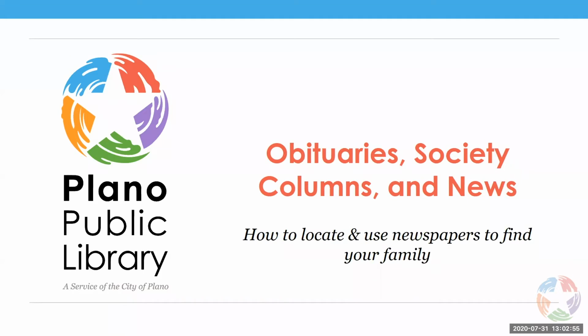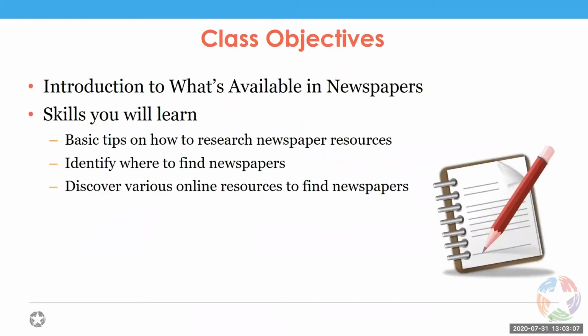And you have joined us for Obituaries, Society Columns, and News. In other words, how to locate newspapers to find your family. So that's what we'll be talking about today. So the class objectives: we're going to give a brief introduction on what might be available in newspapers to find, and some of the skills we hope you'll learn and get out of the program, some basic tips on how to research newspaper resources.